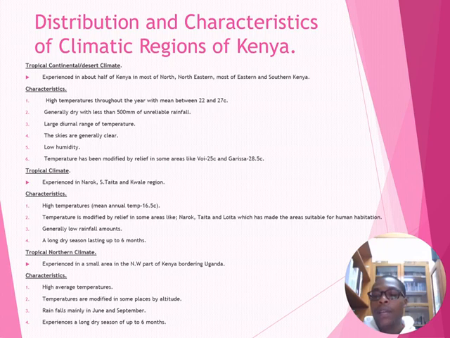The next one is modified tropical climate, experienced in the central highlands, east and western Rift Valley. This is where agriculture is well practiced because of good characteristics in these regions.